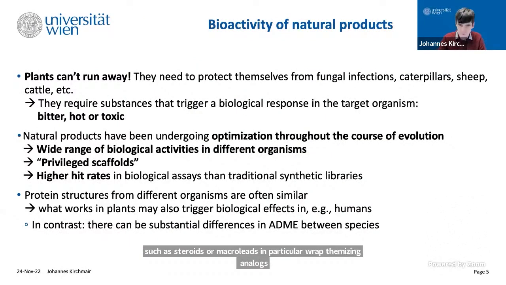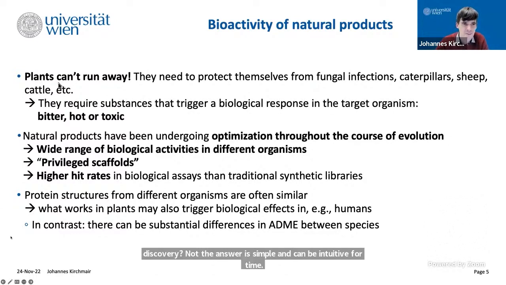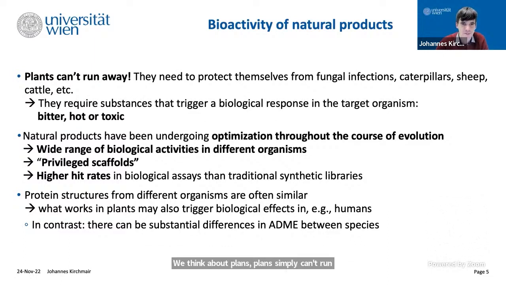So why are natural products so interesting for drug discovery? The answer is simple and intuitive. For example, we think about plants. Plants simply can't run away from other organisms that want to eat them, such as fungal infection or caterpillars or sheep and cattle.